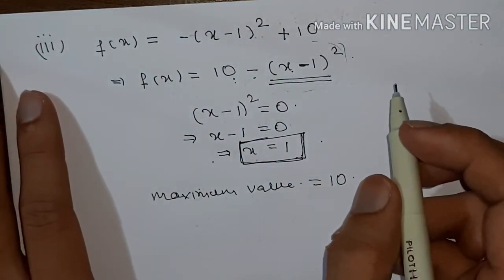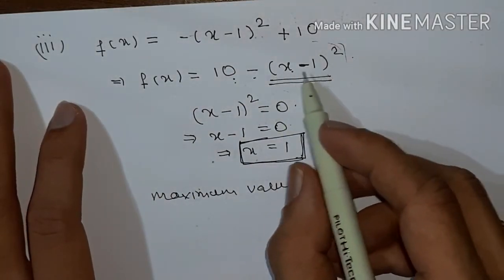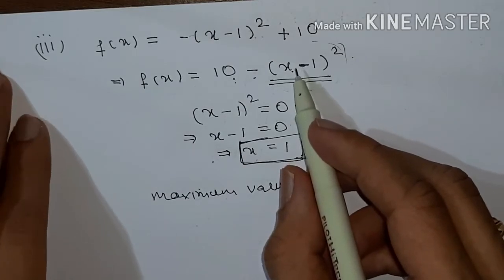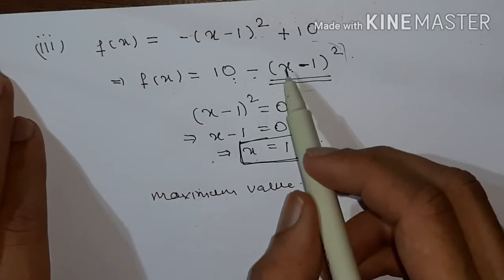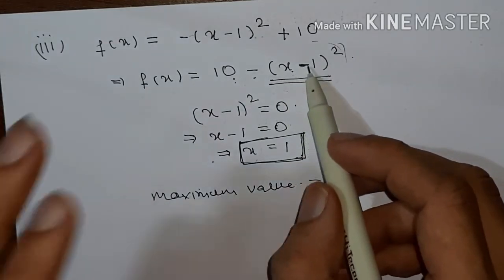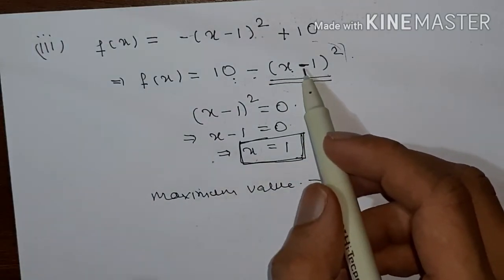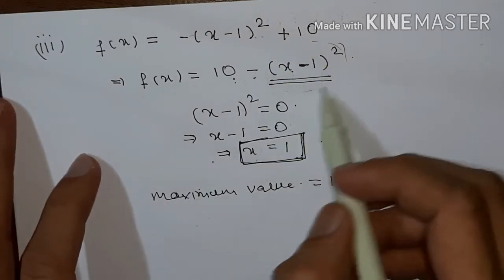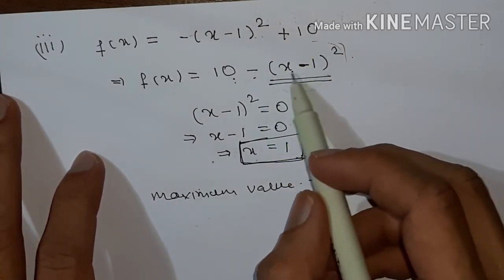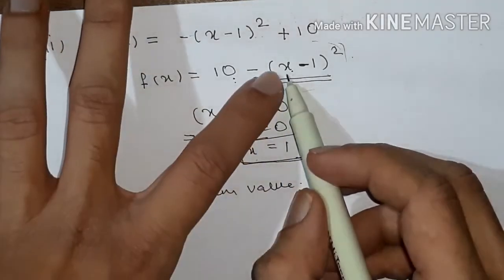If this is 100, then minus of that is minus 100. If this is 200, then minus of that is minus 200. So from minus 100 it goes to minus 200. So this keeps on decreasing as x increases.